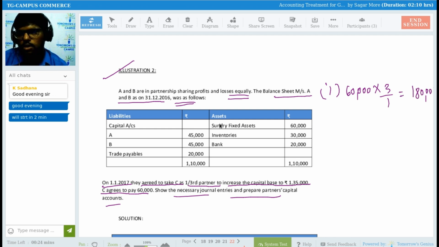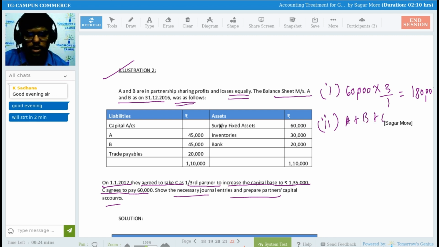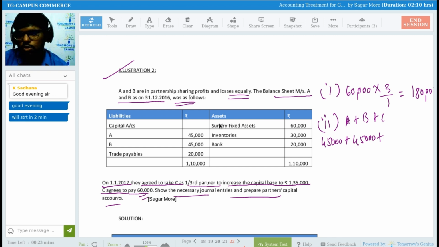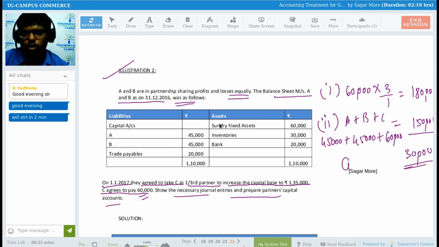Secondly, I need to calculate the total of actual capital, that is A's capital plus B's capital plus C's capital, and that is 45,000 plus 45,000 plus 60,000. What is the total? 45 plus 45, 90. 90 plus 60, 150, right? So what is the difference? 30. So 30,000 is the goodwill of the firm.